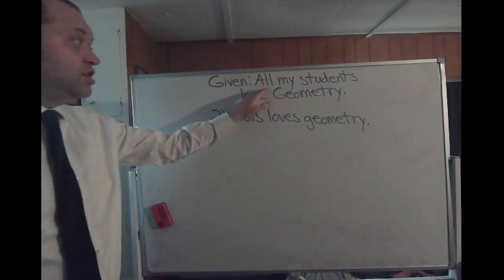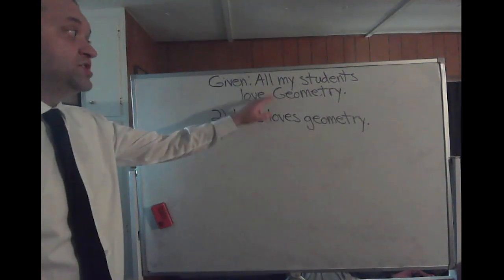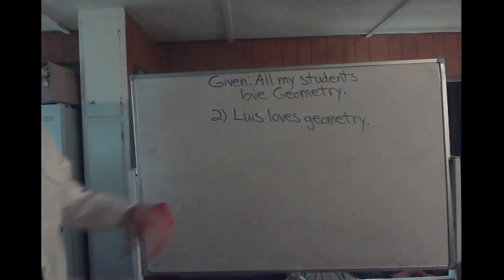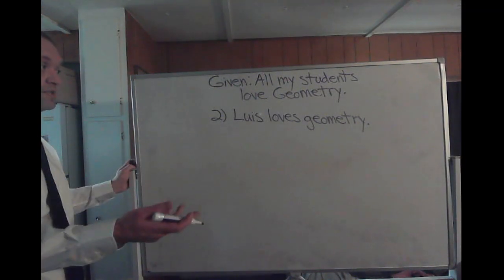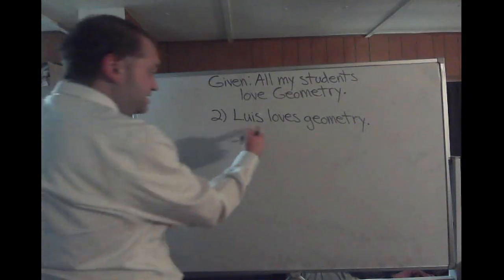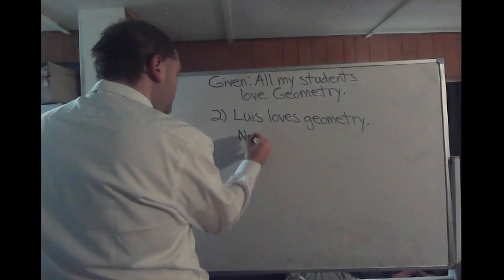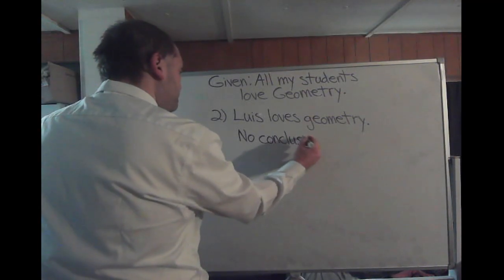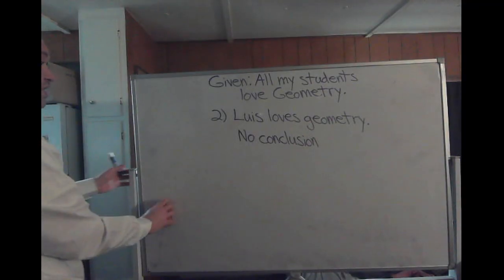Yes, we're given that all my students love geometry. It doesn't say only my students love geometry and everyone else hates it. Luis very well may not be my student, but that still doesn't disqualify him from loving geometry. So really there's no conclusion we can reach from this. So, hey, Luis, good for you. You love geometry. That's great.